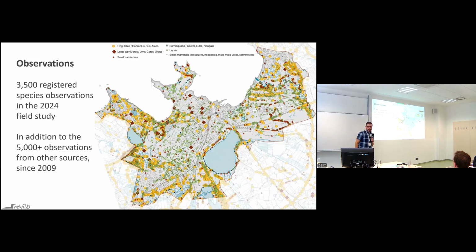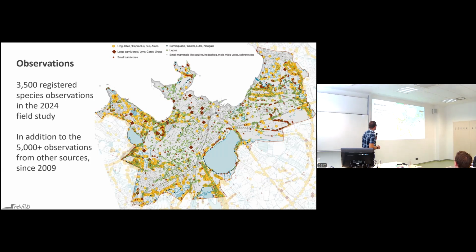Well, last spring and winter, we snow tracked and mapped this wildlife activity in the city, and we gathered several existing data sources. And as you see, wild animals are quite common in the city.